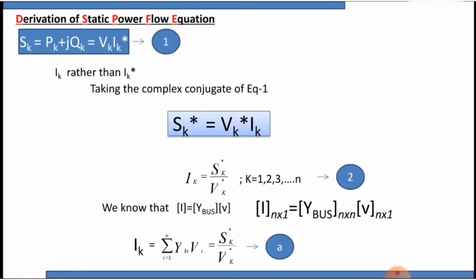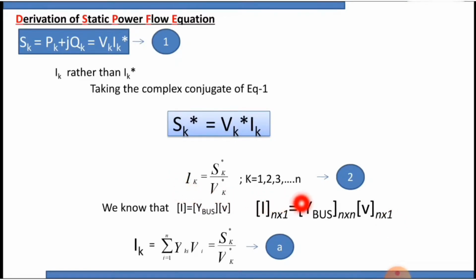In order to obtain the value of Ik, I am considering the matrix representation for the general expression, that is I is equal to Ybus into V. Here this I matrix is of the order n by 1, equal to Ybus, which is an n by n matrix, and V is of the order n by 1.